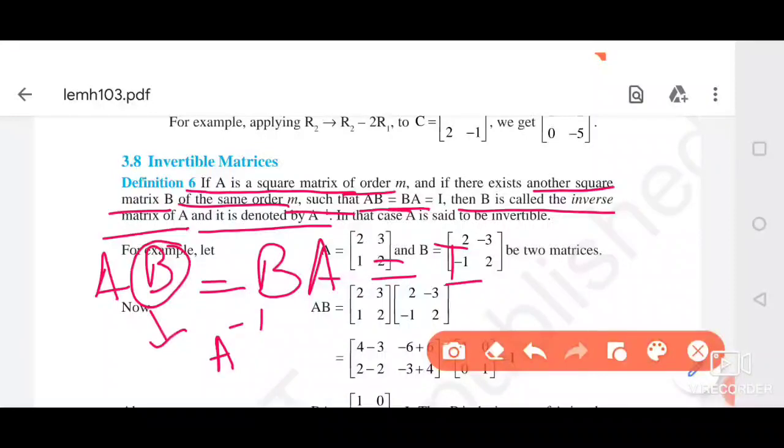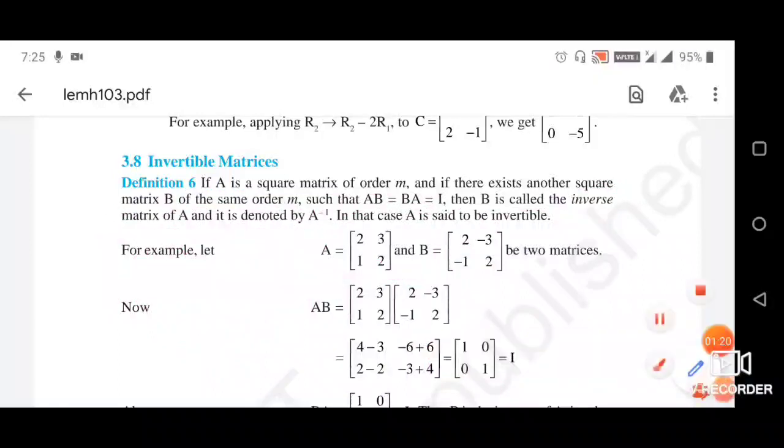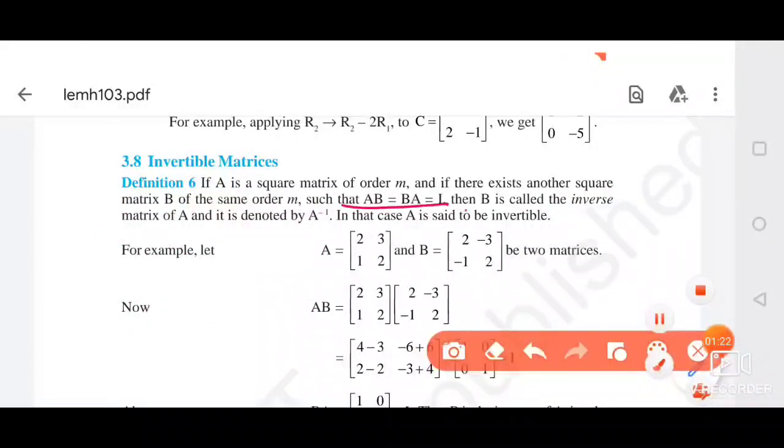In the same way, we can also say if AB is equal to BA is equal to I, then A is the inverse of B.